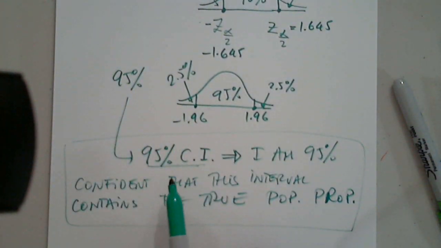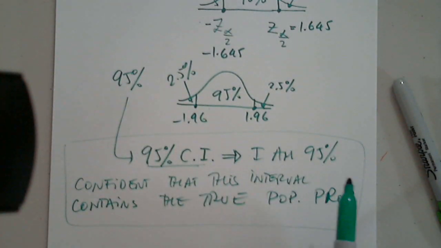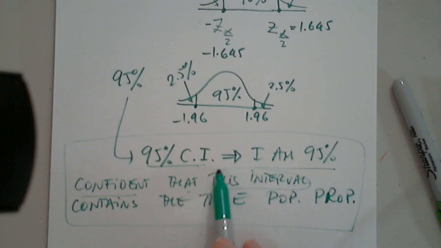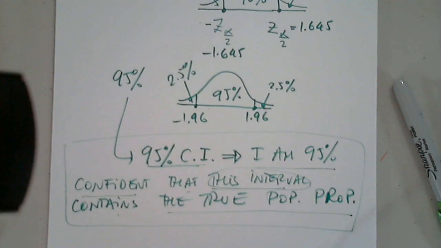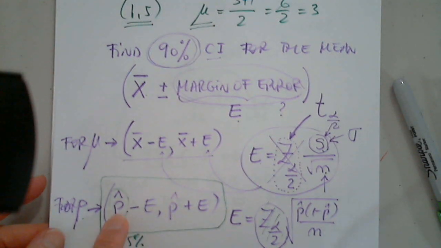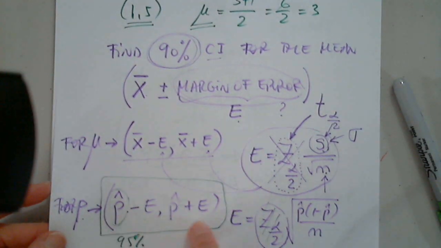So please don't say that 95% of the intervals contain. No. I am 95% confident that the interval I just determined contains the true population proportion. So we're trying again to estimate something we don't have, and we do it in two ways: one, with a point estimator, and the other with an interval estimator.